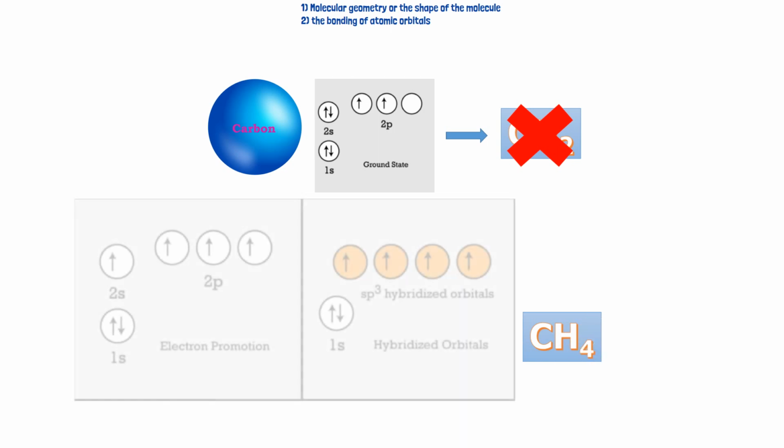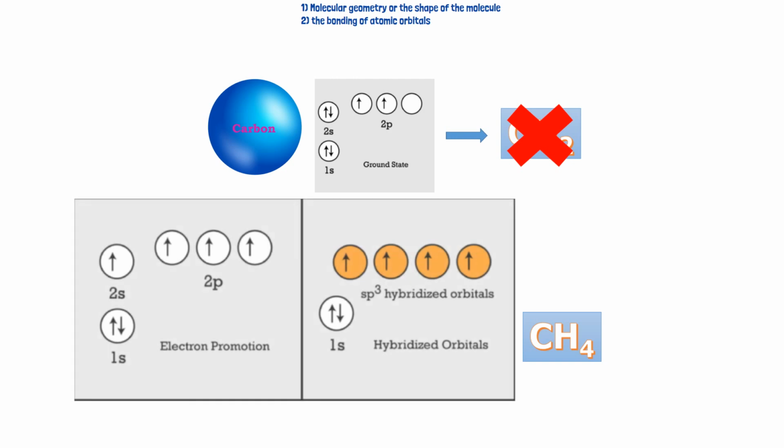To form four bonds, the configuration of carbon must have four unpaired electrons. One way CH4 can be explained is that the 2s and the three 2p orbitals combine to make four equal energy sp3 hybrid orbitals.